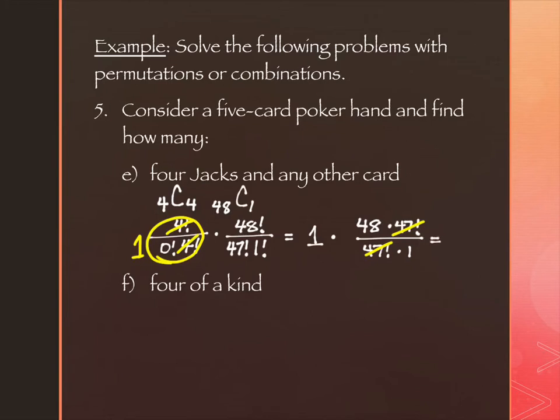I have 48 to pick from, and I can pick any of them, so there's 48 choices, right? So this gives me 1 times 48, or just 48 hands. There are only 48 hands that are 4 jacks and an extra. But what does that tell you about every card, right? Like, what if I'm looking at letter F, and it says 4 of a kind?